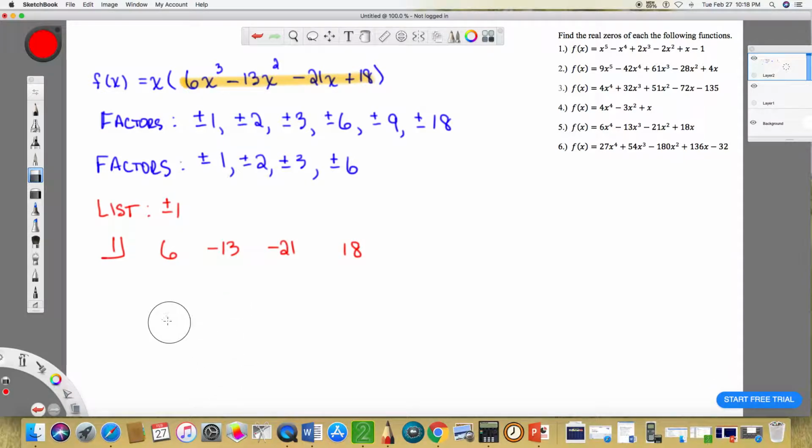Did I say let's look at 18? Let's try -1. I think I saw this number 18, and I just randomly said 18. 6, -6, 19, -2. Nope, that's not it.